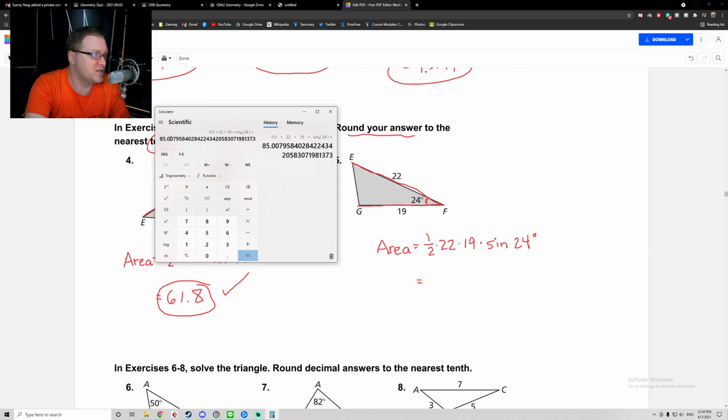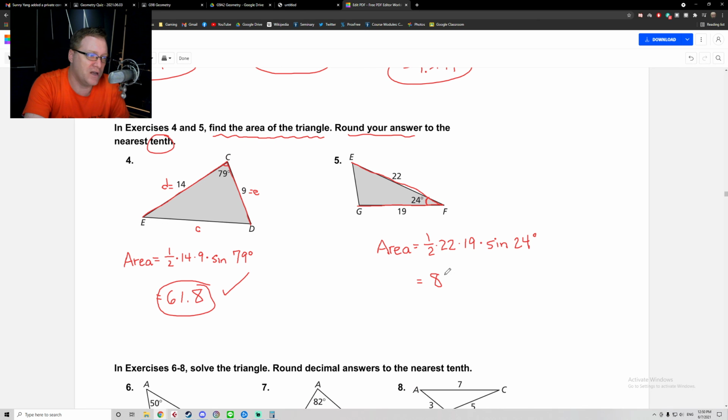I got 85.0079. Now we just want to round to the nearest tenth, which is a 0. So you don't even need to write the 0 at the end. You can just write 85, and that's the answer. So that's all you have to do to find the area of a triangle using the area formula. All right. So you need to remember this formula.